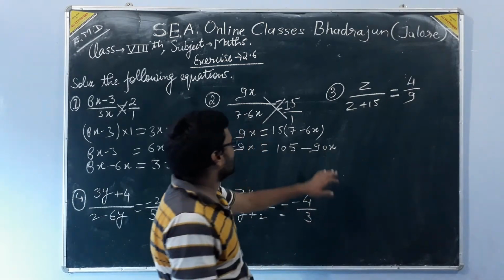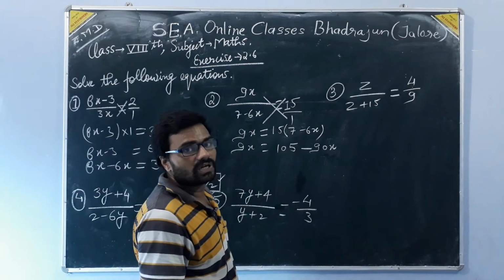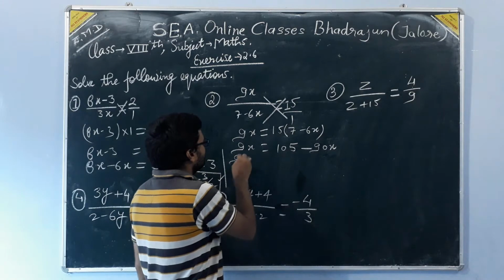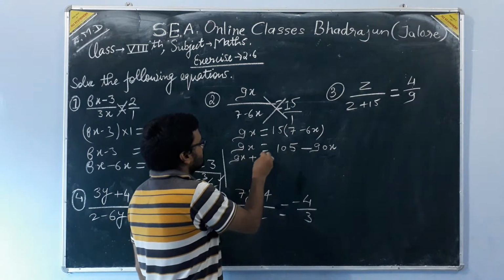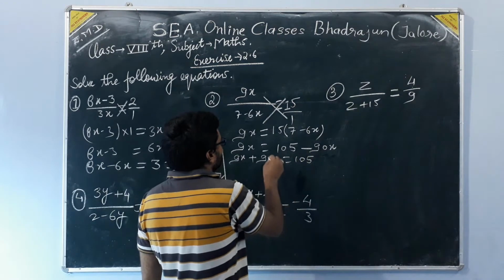Now 90x should be transferred to our LHS, and we will get 9x plus 90x equals 105.